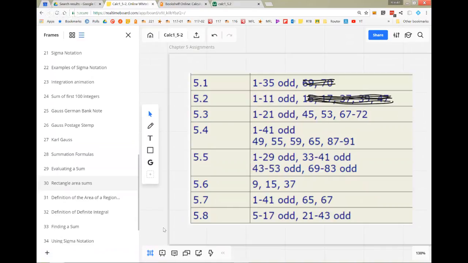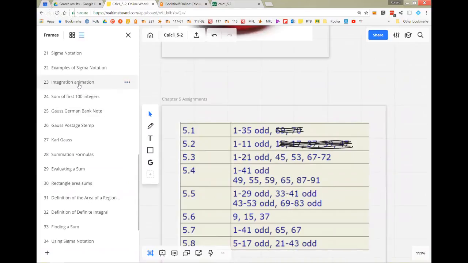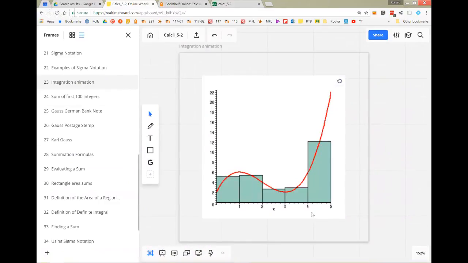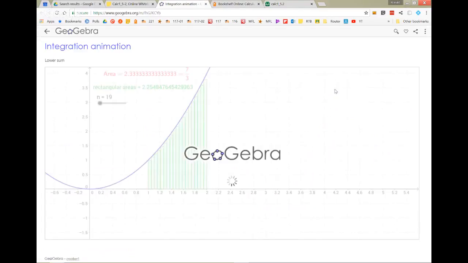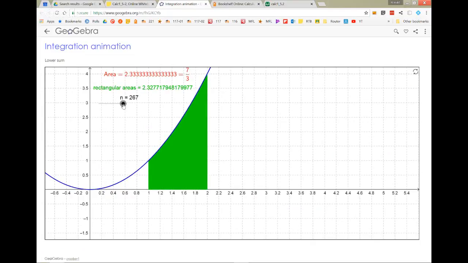So one more time, overall, what have we done here? Well, we learned sigma notation, and sigma notation is important because we're adding up all these little rectangles underneath a curve. And of course we are also incorporating in some cases the limit, because as we add up more and more rectangles, this thing gets closer and closer to the real thing.